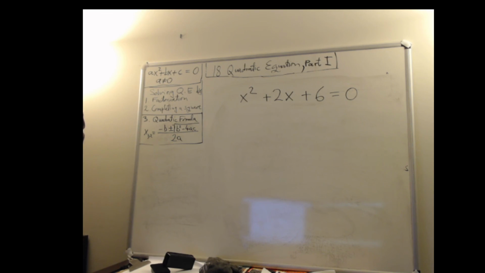It's a prime. On the left side, it is a prime. It is not possible to factor. You can try, but it's not going to work. So factorization is off. You can also try to do the completion of a square. Or you can do the quadratic formula. It's one and the same, right? We just mentioned the quadratic formula is just a shortcut to completing a square. So let's do the quadratic formula.